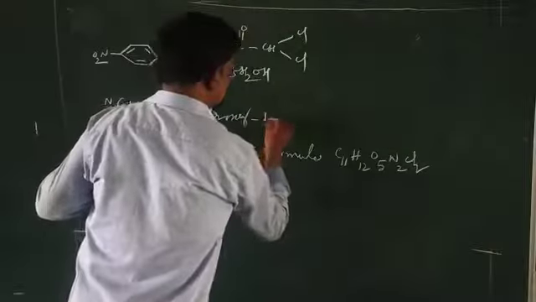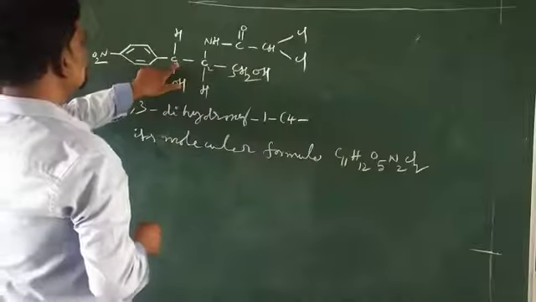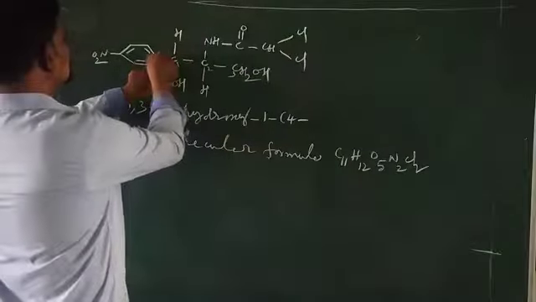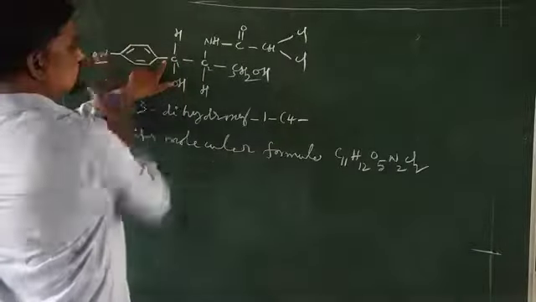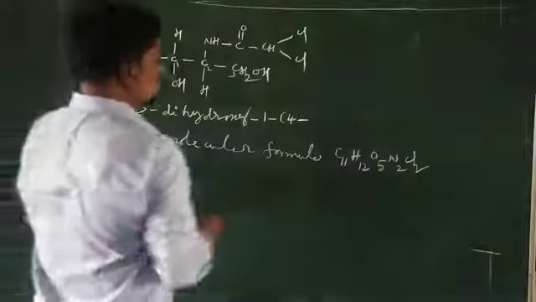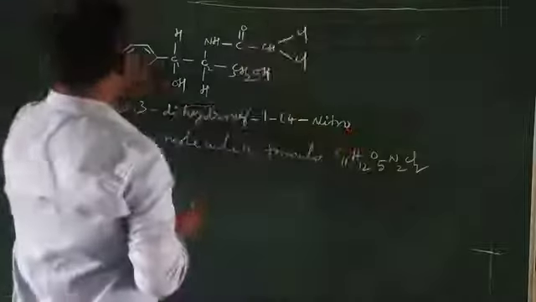and 1,4. Here first carbon connected. Here in this we go to numbering 1, 2, 3, 4 nitro. So first carbon connected 4 nitro. So 4 nitro. This is phenyl ring.